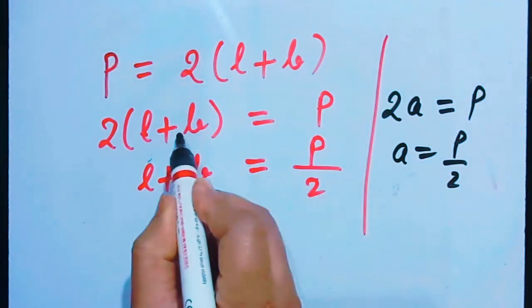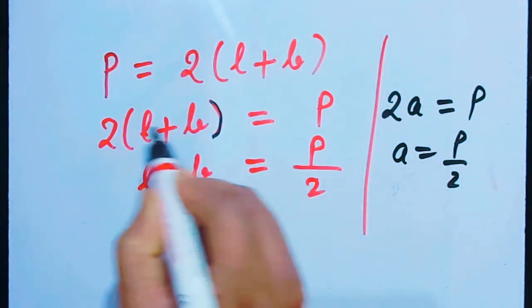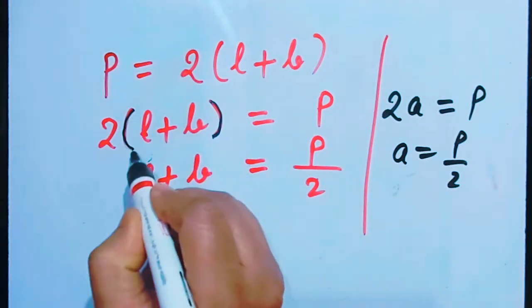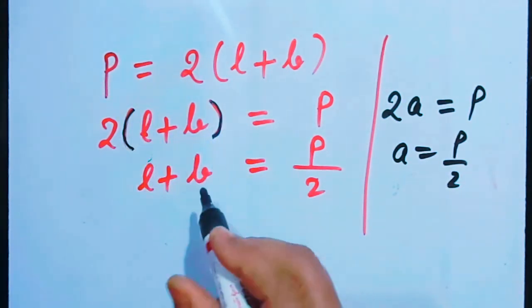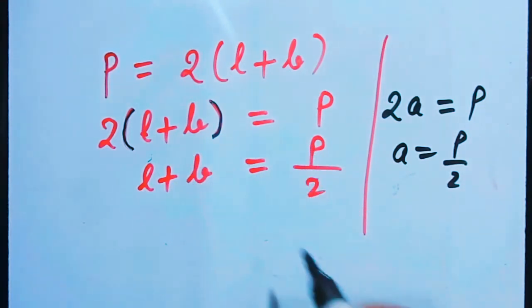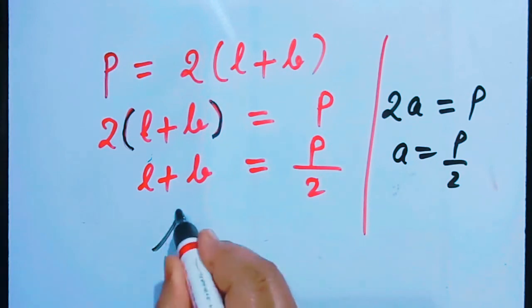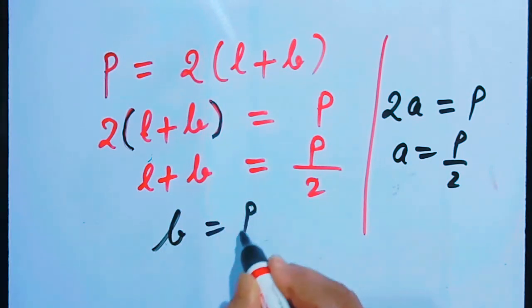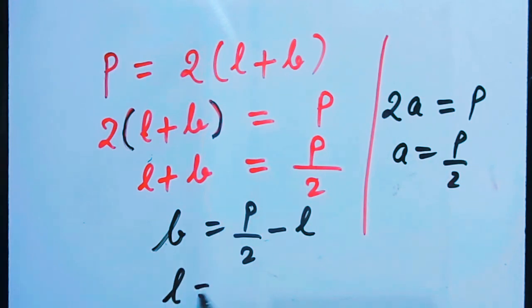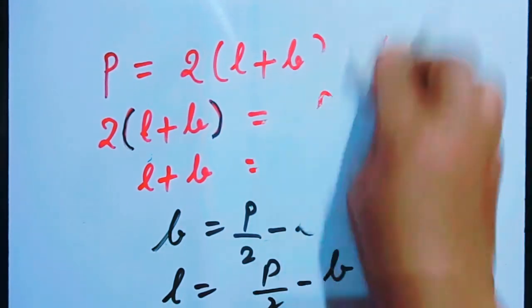Similarly, L plus B within the bracket is considered as a single term. So L plus B will be equal to P by 2. So naturally B will be equal to P by 2 minus L, and L will be equal to P by 2 minus B. Clear?